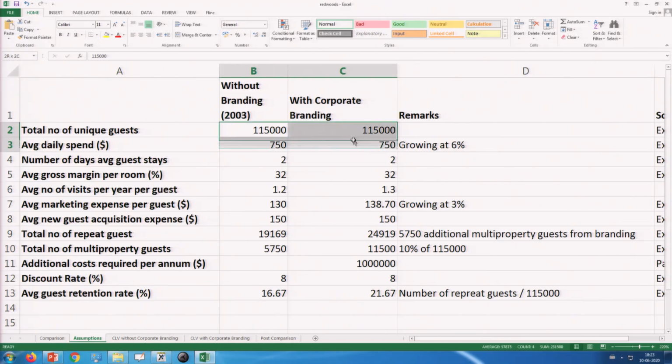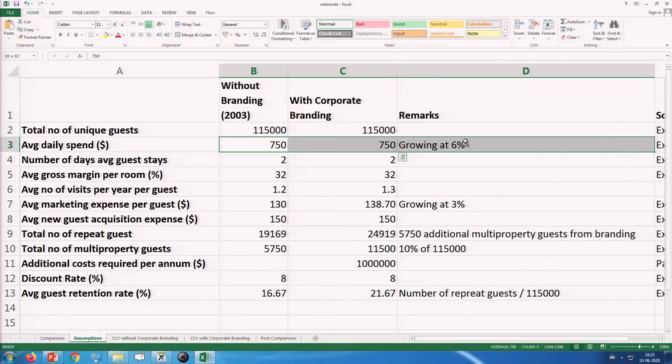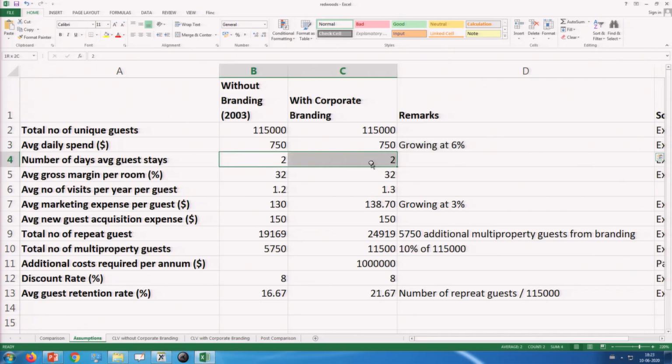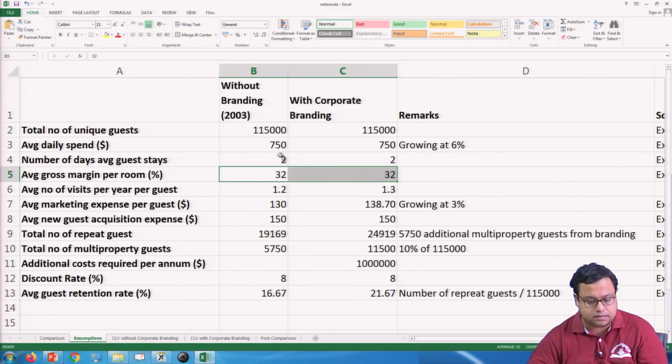The average daily spend is 750, growing at a pace of 6%. The average number of days they stay is 2. Average gross margin per room is 32, as told there.